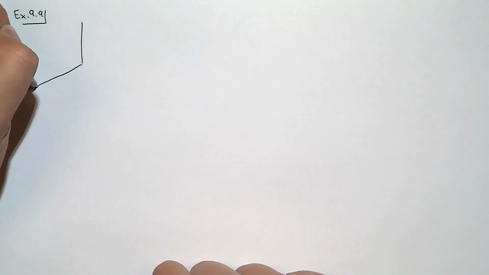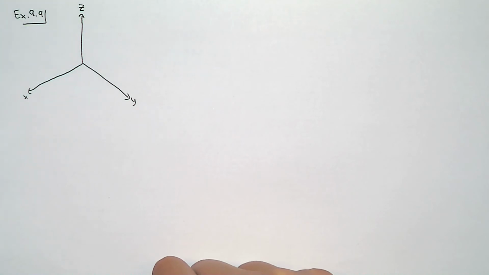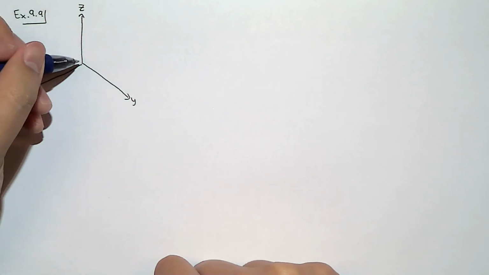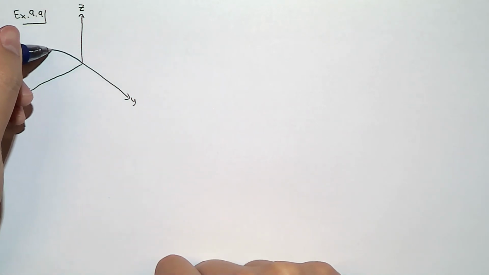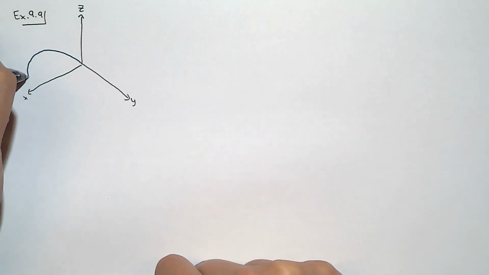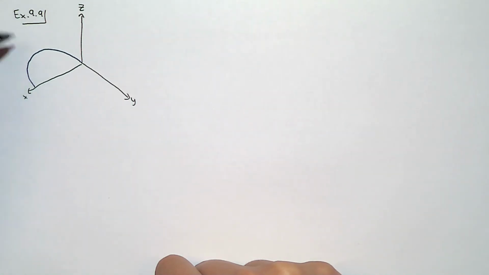But in this case, let me try my best to draw my axes. I have my x-axis, my y-axis, and my z-axis. I have my orthogonal view there. And we're going to try to find the centroid of a wire. In this case, my wire essentially has a semicircular shape along the xy plane.